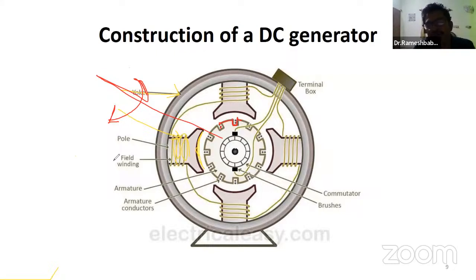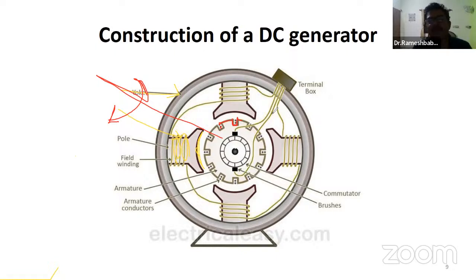A prime mover may be a motor or an IC engine, petrol engine, whatever it may be. The rotor and armature conductors rotate. This rotating armature conductor cuts the flux, so that EMF is induced.